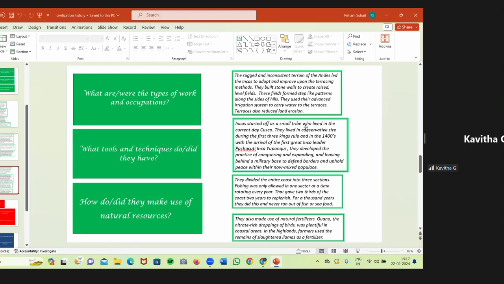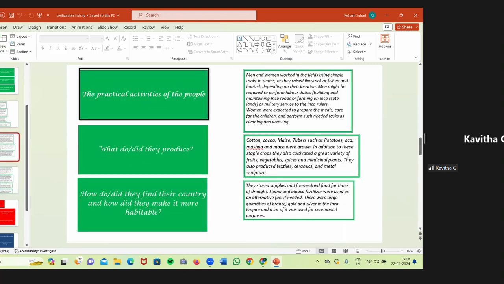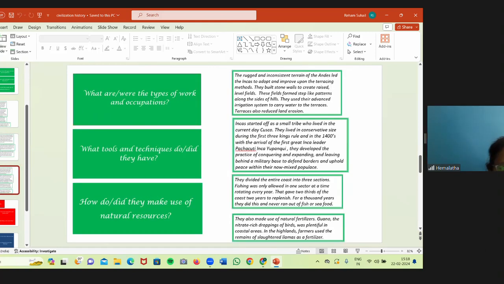What were the types of work and occupations? Maybe. It also tells us the technique, no? What tools and techniques did they have? So it could come under techniques also.